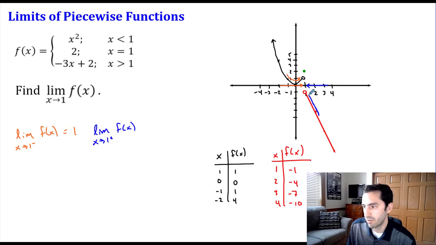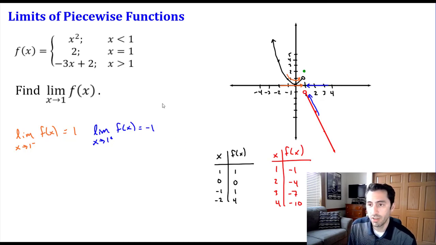So what's happening to our function values as we move in the same direction. So in this case, as our x values are getting closer and closer to 1, it looks like these function values are getting closer and closer to negative 1. And same idea, we don't actually have a point here, but our values are getting really, really close to that. So then this limit is equal to negative 1.